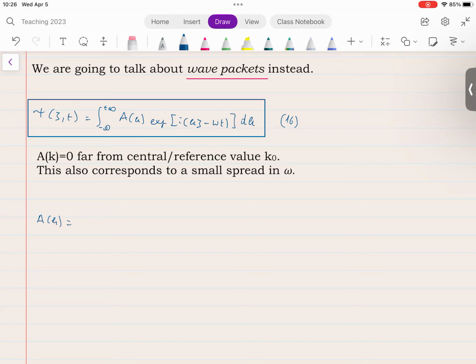I'm just going to write the result. That's going to be 1 over 2 pi or square root of 2 pi, depending on how you define it. The textbook I'm following has the 1 over 2 pi notation. So it's going to be the integral of psi of zeta and 0 times e to the minus ik zeta d zeta. And so that's the amplitude at time t equals 0.